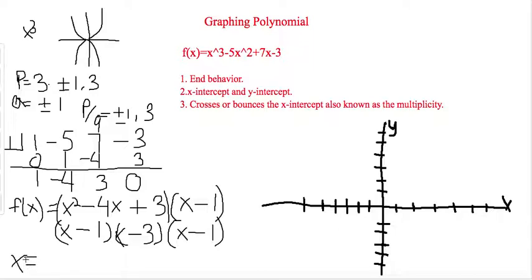Hold on, I can actually rewrite this again. You notice how we have an x minus 1 twice, so instead of writing it over again, I'm just going to square it.